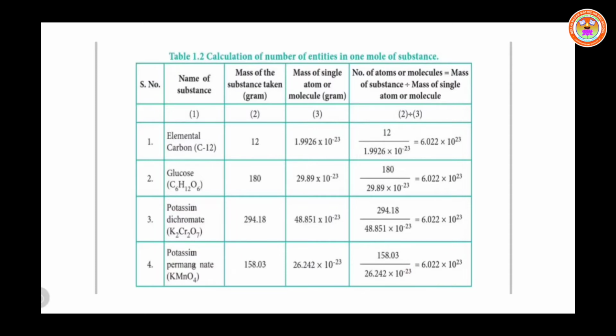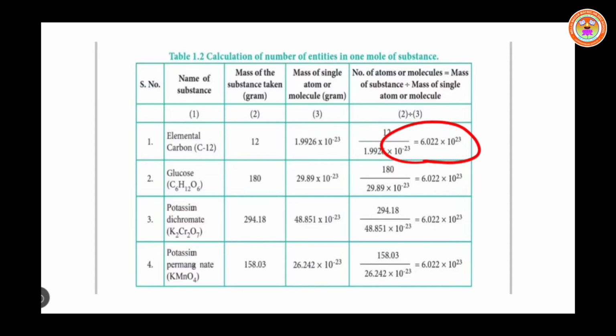So from the calculations we come to know that 12 gram of carbon 12 contains 6.022 into 10 to the power 23 carbon atoms, and the same number of molecules are present in 158.03 gram of potassium permanganate, in 294.18 gram of potassium dichromate, and in 180 gram of glucose.